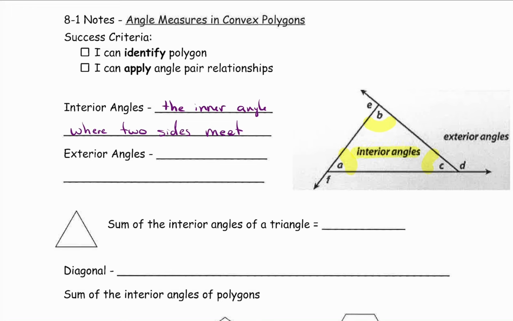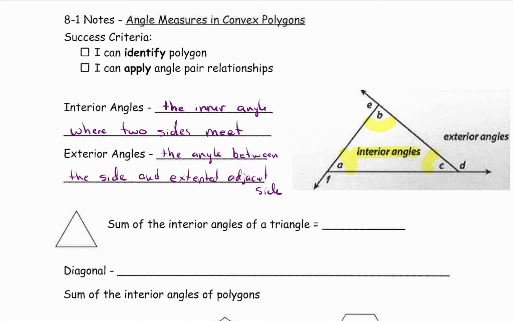And then our exterior angles are the angle between the side of the polygon and the extended adjacent side.